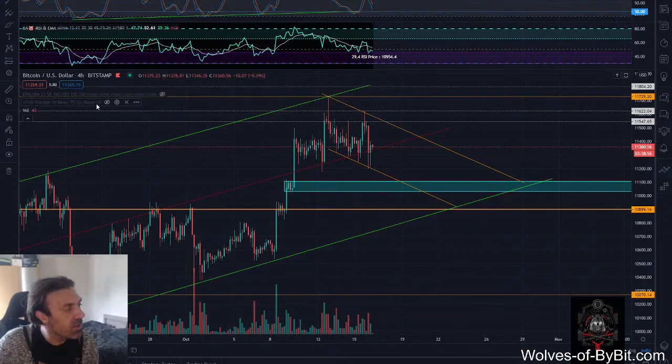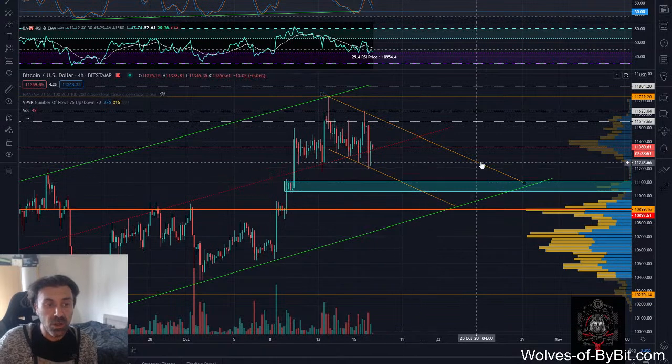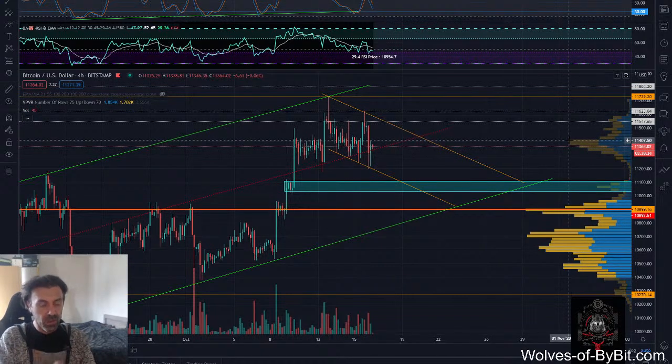Let's have a look at the volume profile, because volume profile also tells us a lot. Right here we can see that we are just below the node that's sticking out. It served a little bit as a support, as a springboard to the upside. Having a large volume node doesn't mean it's support or resistance.